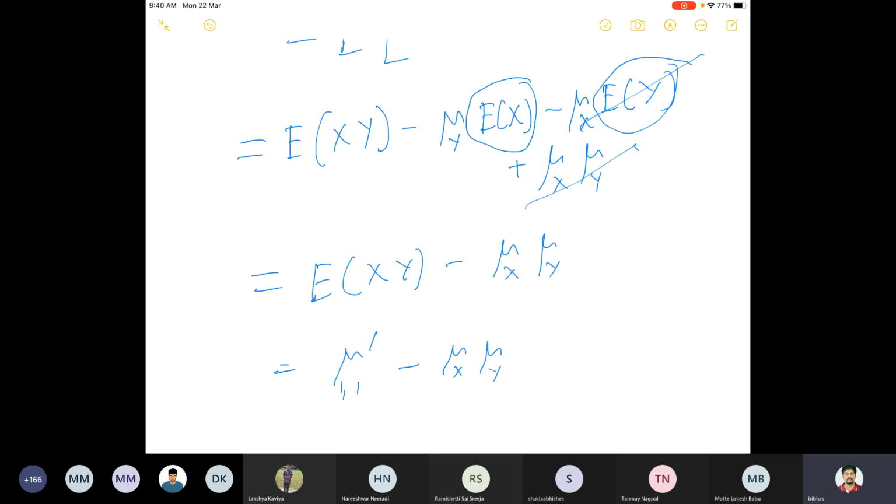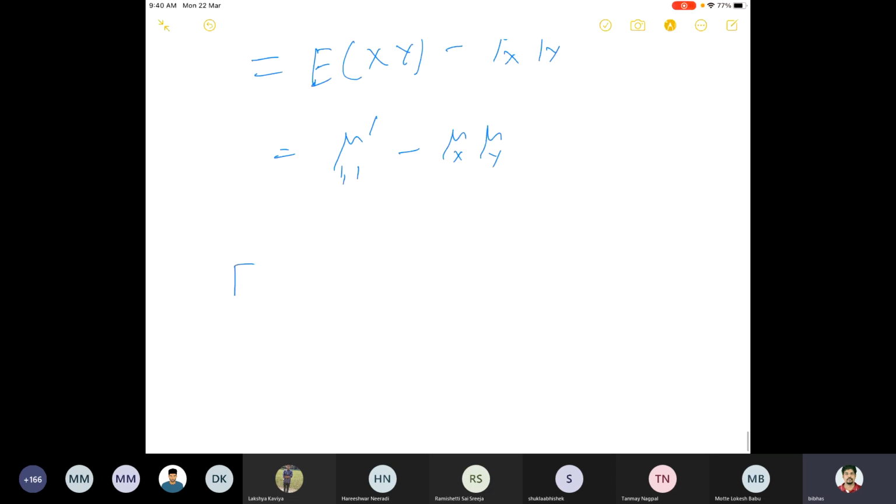So let us find some covariance. At least one example we should see. Let's say we have that table which we discussed earlier. This is x, this is y, with possible values 0, 1, 2 for each. And let's say these are the probabilities, which give me the joint distribution function: 1 by 12, 2 by 9, 1 by 6, 1 by 36.